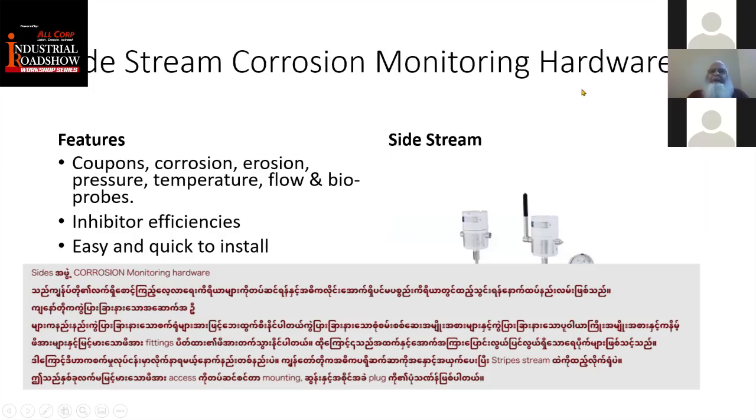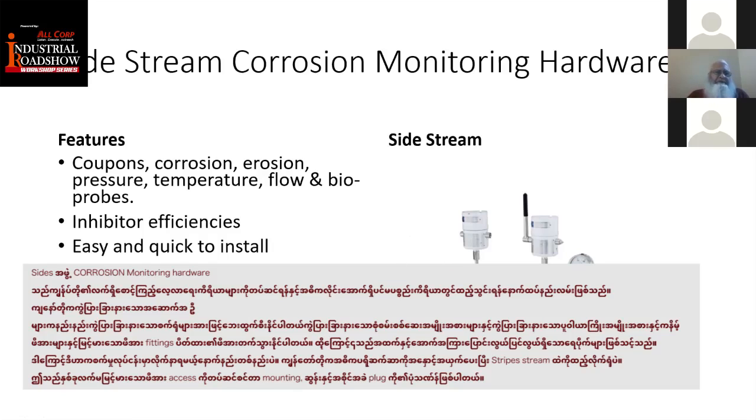Side stream corrosion monitoring hardware. This is another way of installing our corrosion monitoring devices. Instead of installing on the actual main equipment on the main line, we can have a side stream with different facilities to install different types of probes and corrosion monitoring hardware, and it can go up to high pressure; low pressure and high pressure fittings are also available.